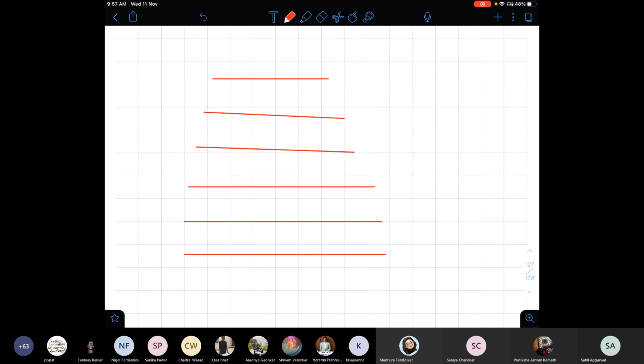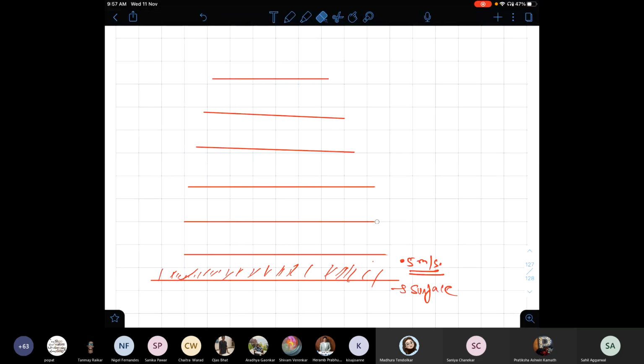So let the velocity of this layer be 0.5 meter per second because it is directly in contact with the surface. ये surface के साथ directly contact में है तो इसकी minimum velocity होगी. Now this layer is in contact with the slowest layer, but it is not in direct contact with the surface.